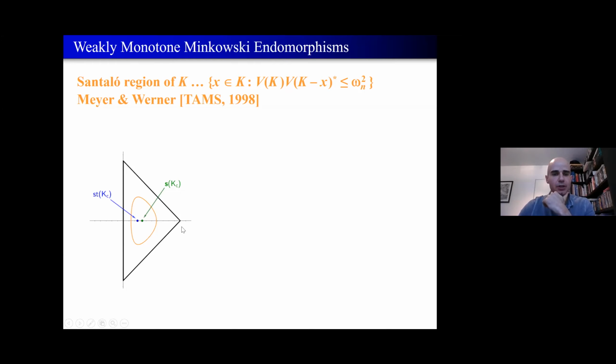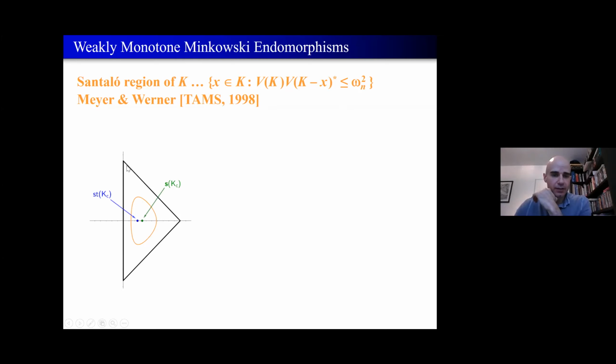The vertices are chosen in such a way that it always has volume 1. And the orange part that you see here is the so-called Santaló region of K that was systematically investigated by Mathieu Meyer and Elisabeth Werner, let's say in a paper in 1998.